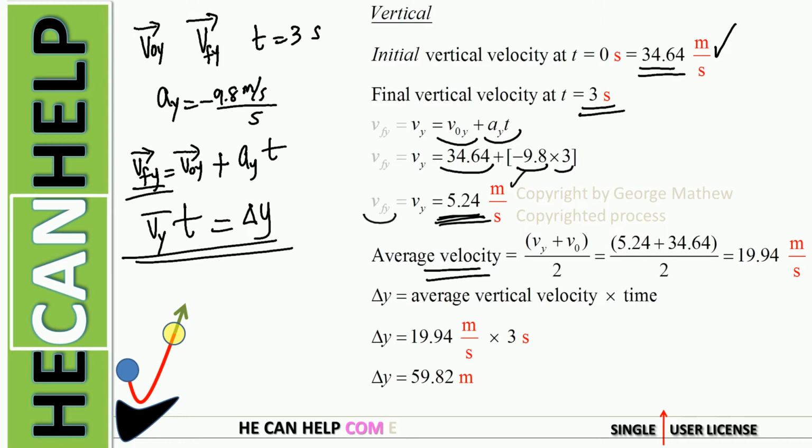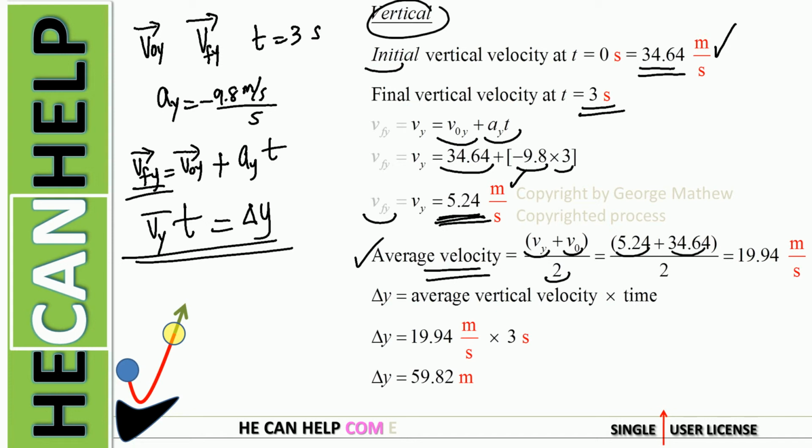So we have final velocity, we have initial velocity, and then we can get the average velocity. Average velocity is final velocity plus initial velocity divided by 2. This is along the vertical. Final velocity is 5.24. This is at the end of 3 seconds. Initial vertical velocity component is 34.64.